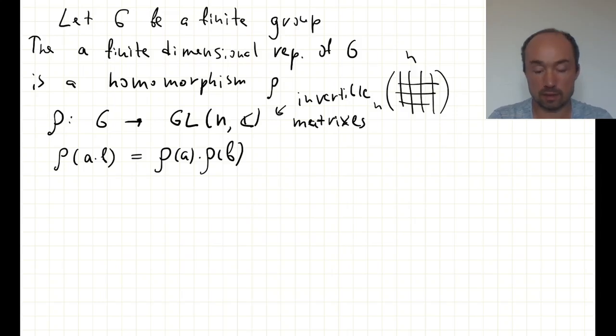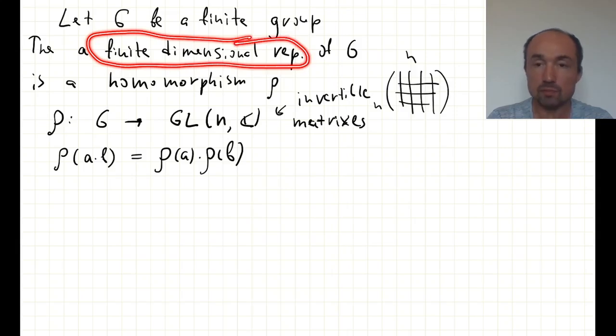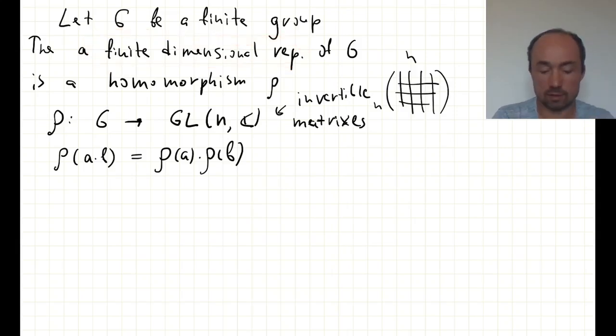So in this course we will study this type of objects, finite dimensional representations. Now I want to give you one example of where such representations can come from.